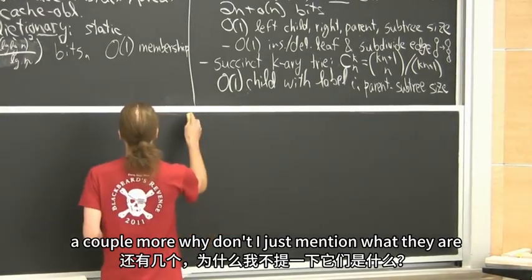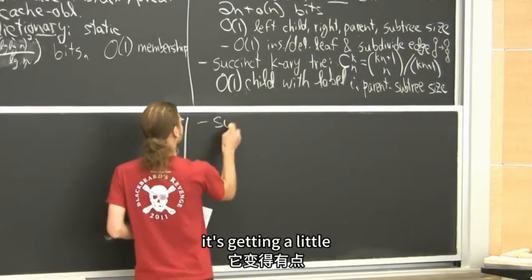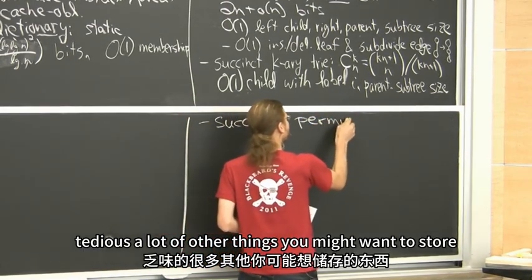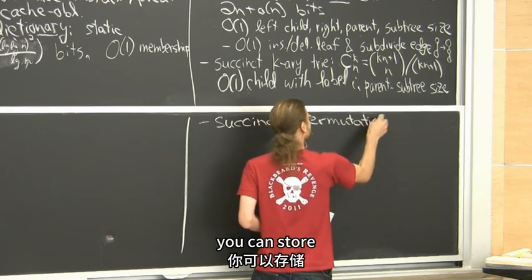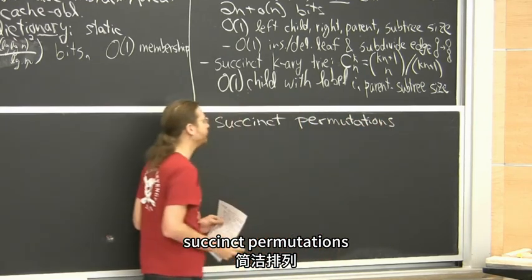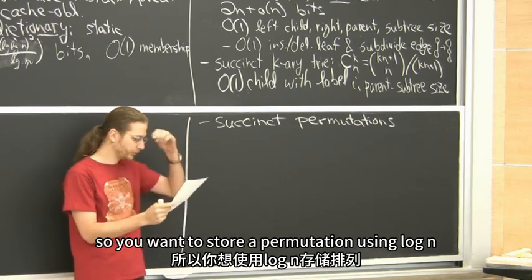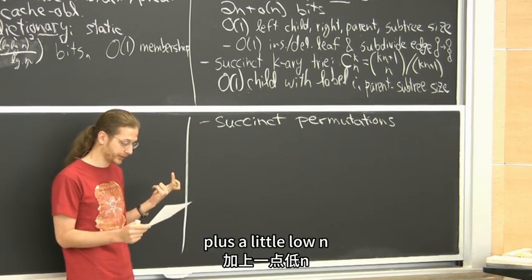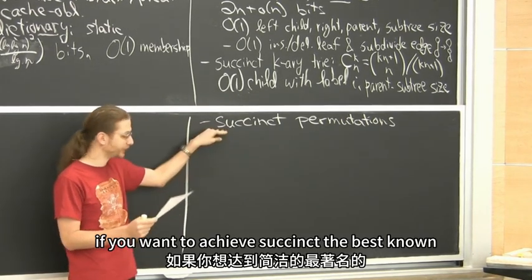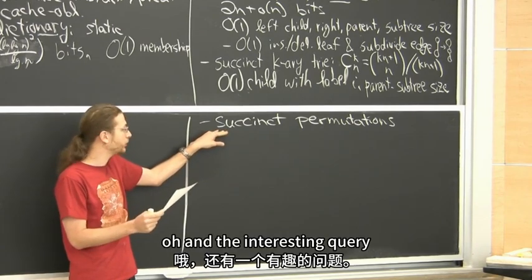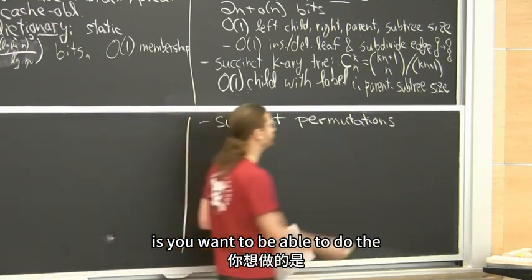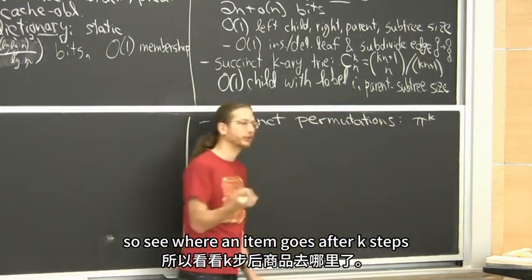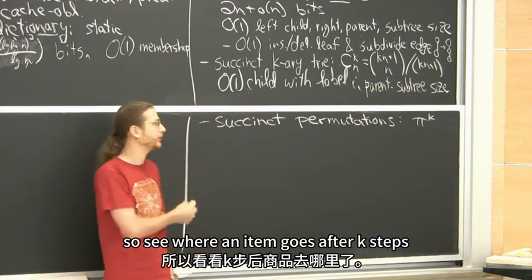A couple more. Why don't I just mention what they are? It's getting a little tedious. A lot of other things you might want to store. You can store succinct permutations, although there are some open problems here. You want to store a permutation using log n factorial bits plus little o of n. If you want to achieve succinct, the interesting query is you want to be able to do the kth power of your permutation, so see where an item goes after k steps.